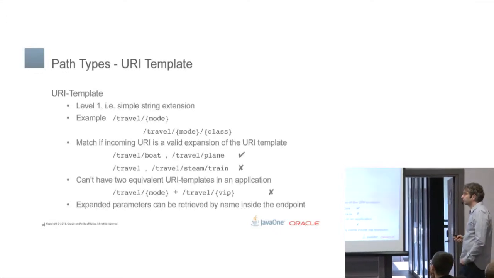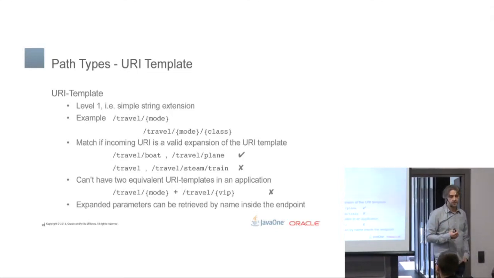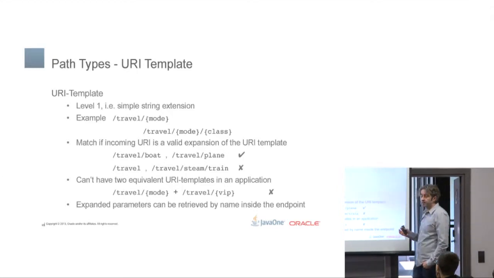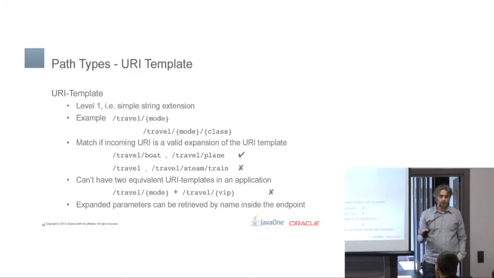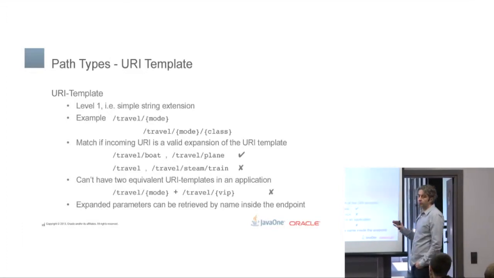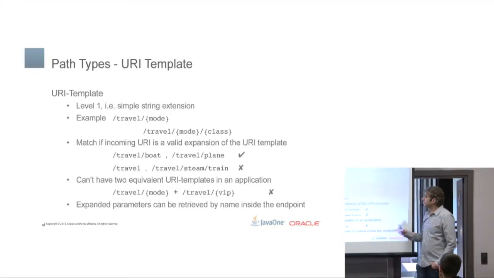Something else which is also part of the path is the template. If you have used JAX-RS, it's exactly the same idea. So in the URI, we can use templates, level 1 templates only. By level 1 template, we mean we cannot use a regular expression, for example, in the template. So these are two examples.